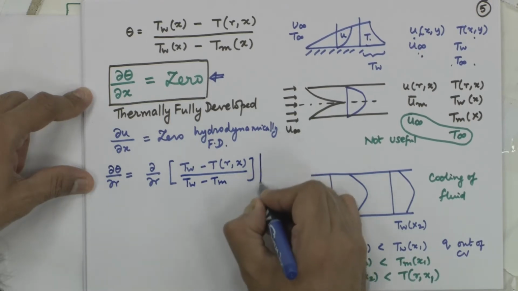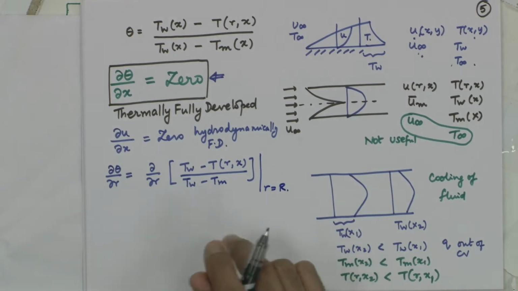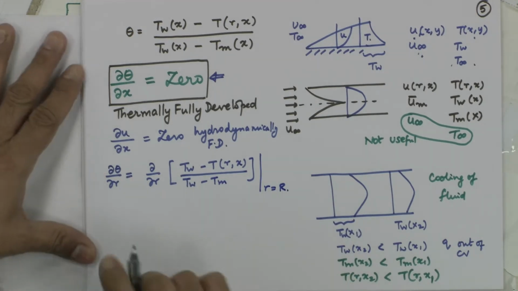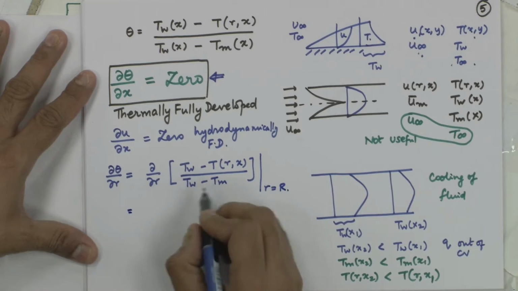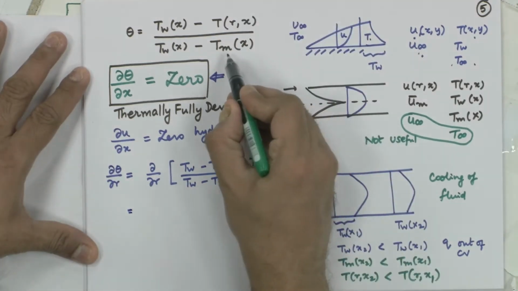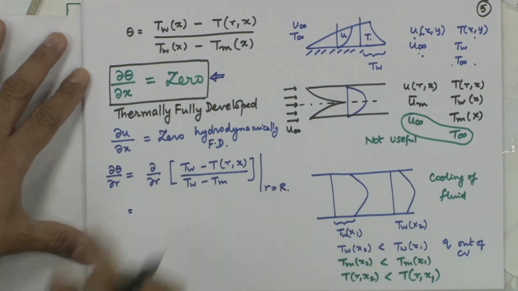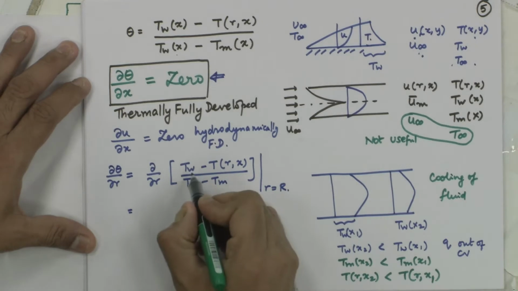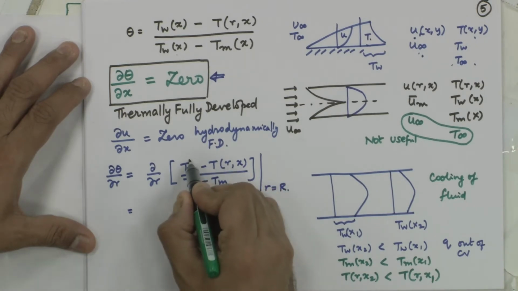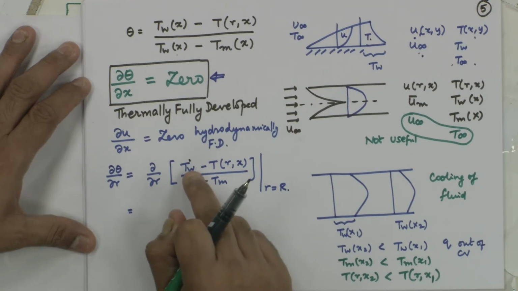Let us evaluate this at r equal to capital R. Why do we want to do that? We will see in a minute. Tm and Tw are only functions of x, so they will come out when I am differentiating with respect to r. This Tw also, when you differentiate, is going to come out.